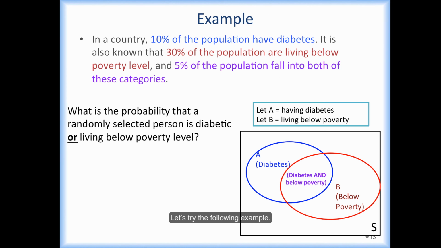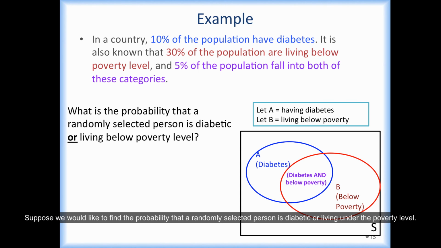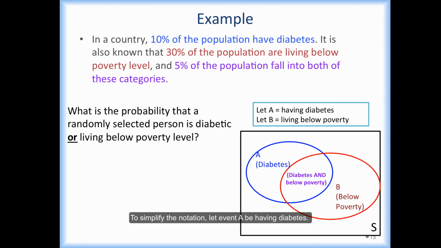Let's try the following example. Suppose we would like to find out the probability that a randomly selected person is diabetic or living under the poverty level. To simplify the notation, let event A be having diabetes. Let event B be living under poverty.